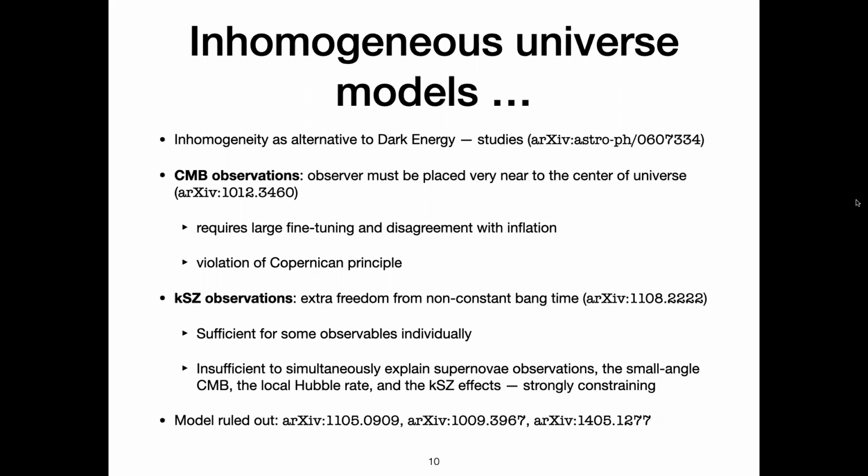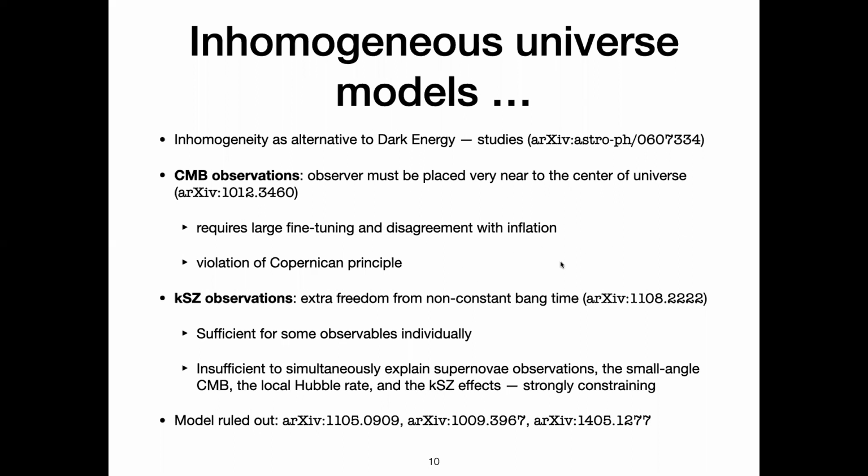So at the very beginning, before the CMB and after the Big Bang, there was a phase called inflation, which is just a rapid expansion of the universe. And this model is not in agreement with the inflation phase of the universe.